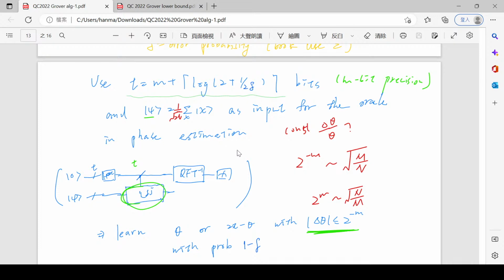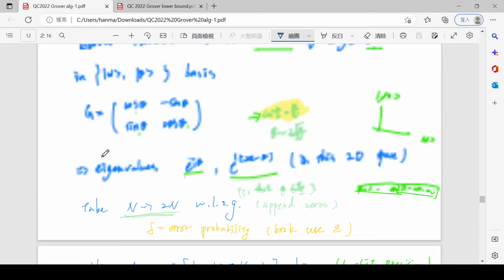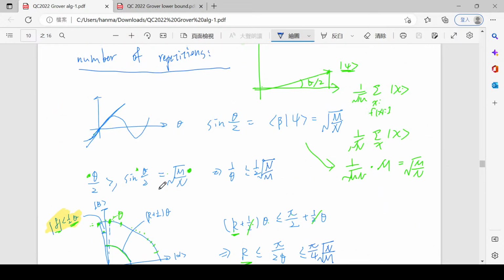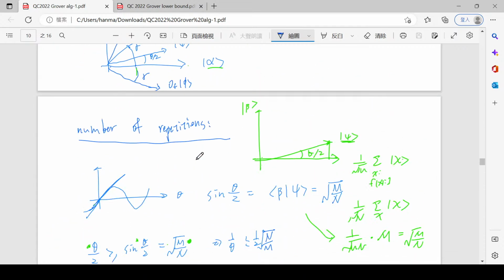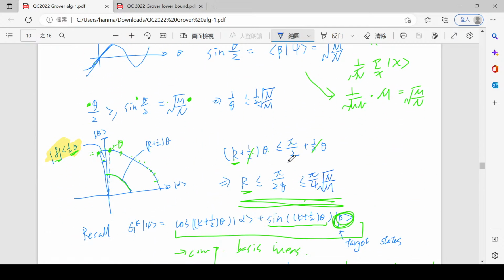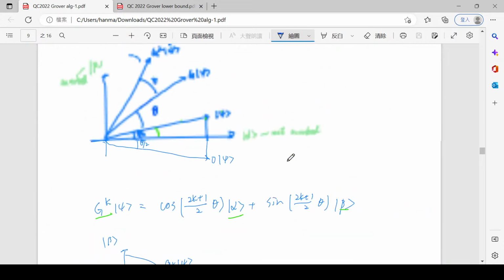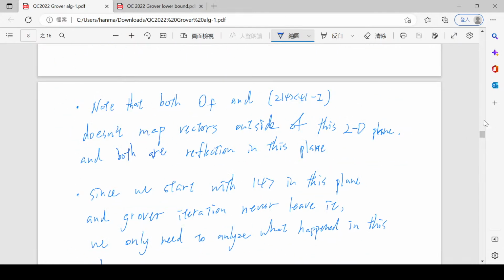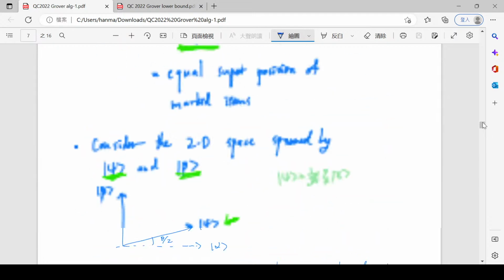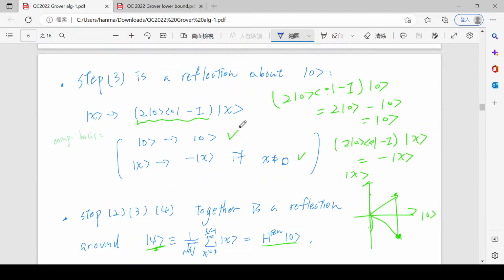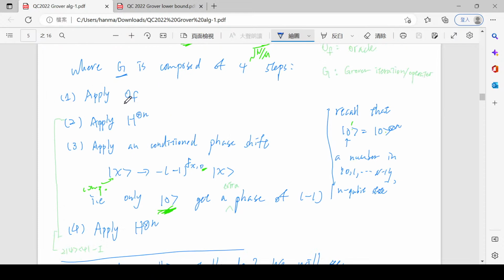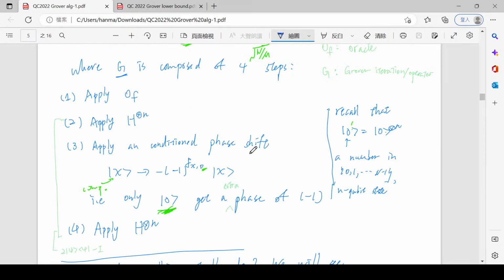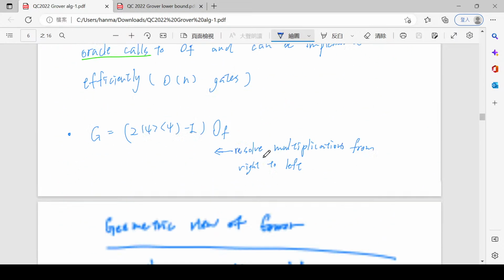So brief review. This time we go over once again the upper bound for Grover's algorithm. We showed in quite detailed calculation how Grover's algorithm works. Basically, we have two reflections, reflection 1 and reflection 2, and two reflections equal one rotation.